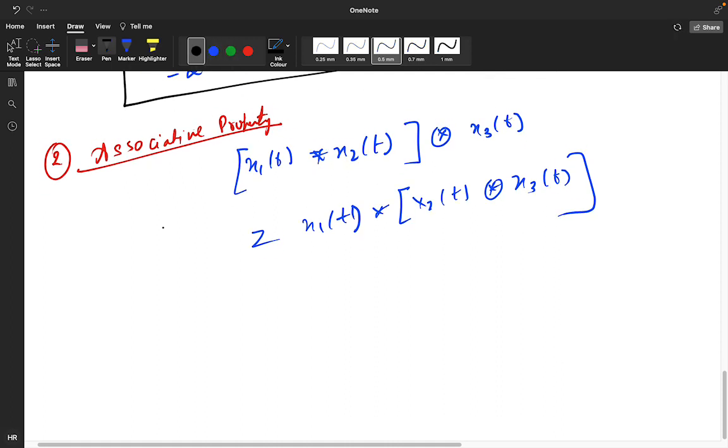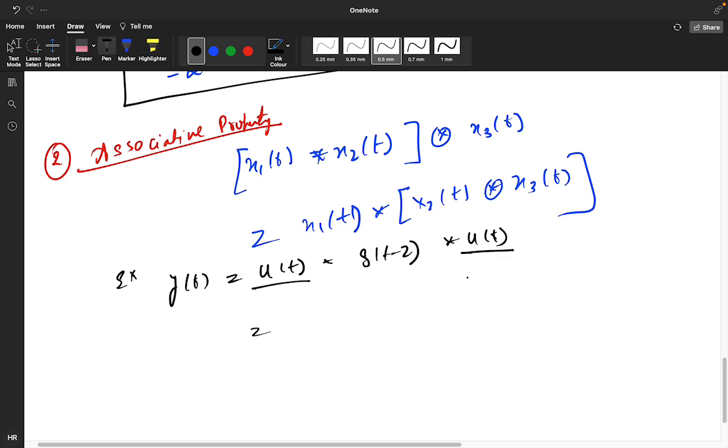Example: y of t equals u of t convoluted with, suppose I am writing, delta of t minus 2 convoluted with u of t. The convolution of u of t and u of t is r of t, convoluted with delta of t minus 2.